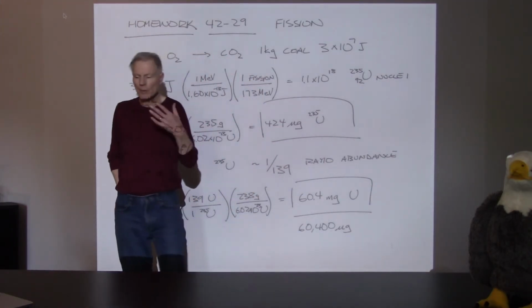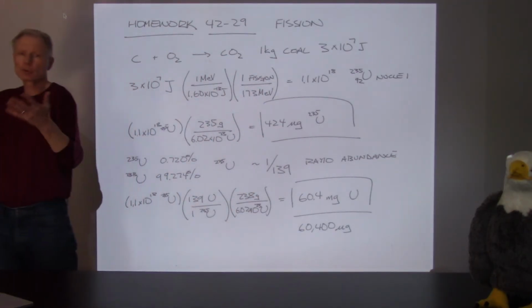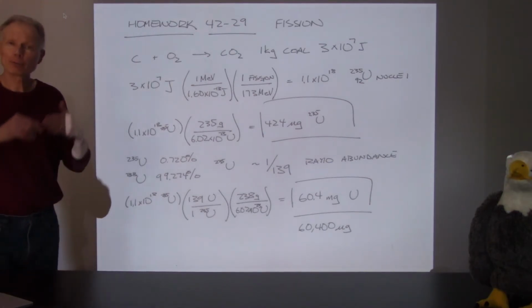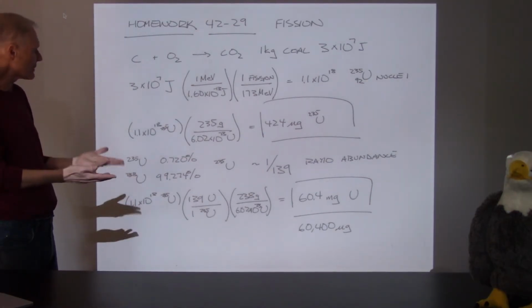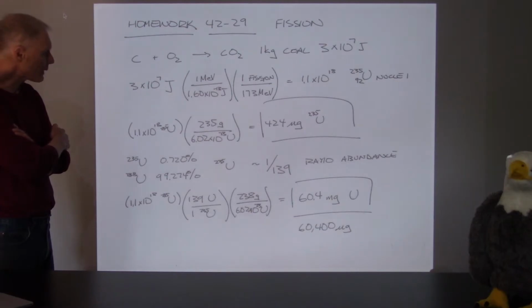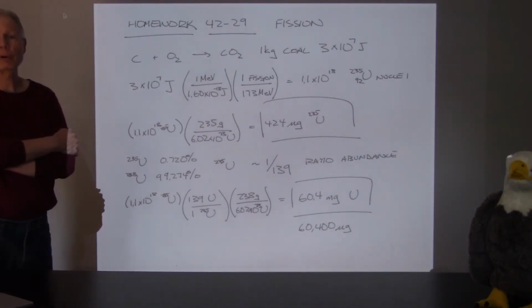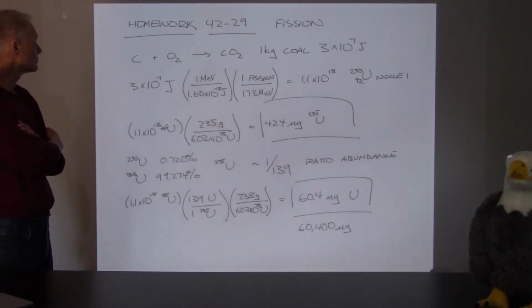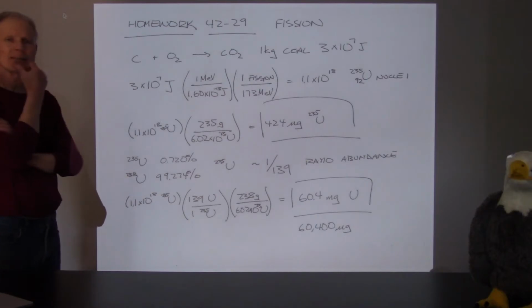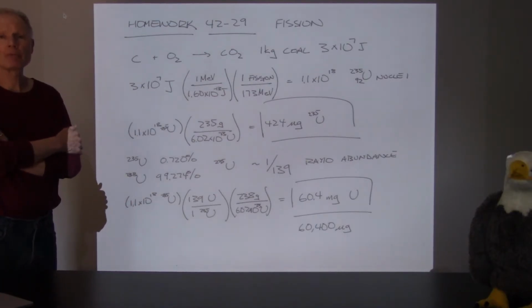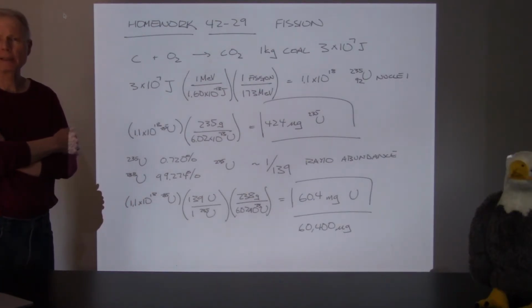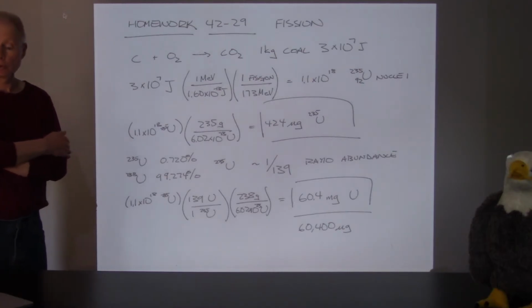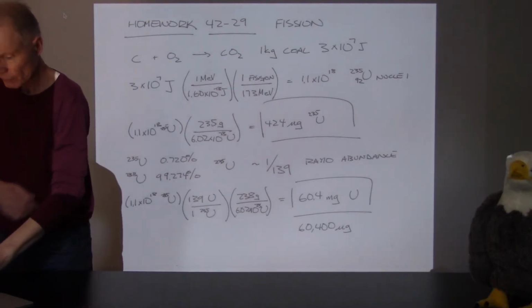From that I would be able to isolate, which would not be trivial, 424 micrograms of uranium-235. So it's one of those gee whiz problems with fission. How much energy can we possibly get from these reactions? It's a lot from a little bit of uranium.